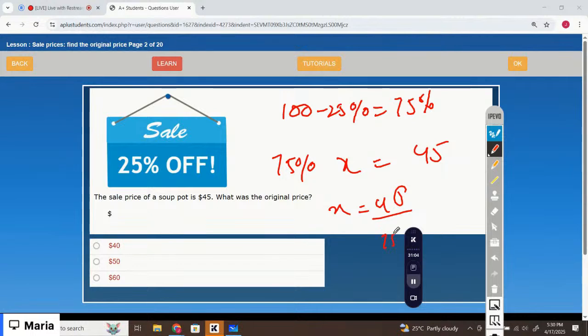So the original price is $60. Option 3 is the correct option.